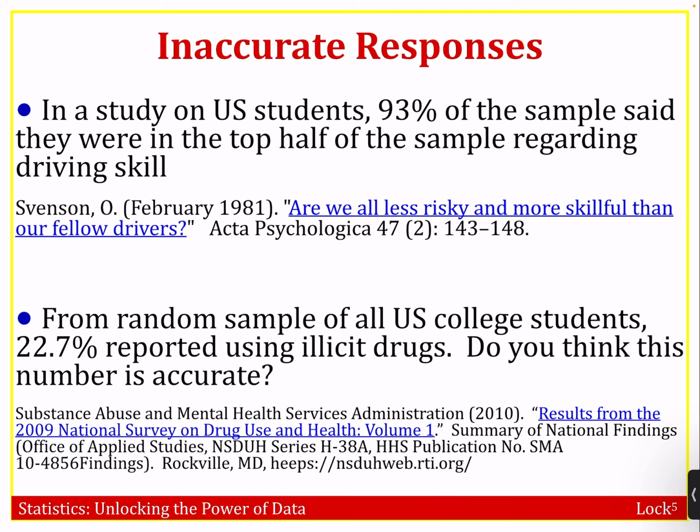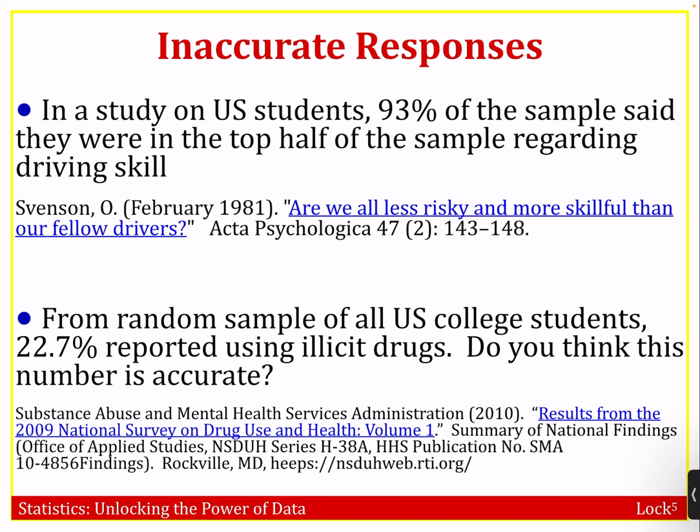Another example, from a random sample of all U.S. college students, 22.7% reported using illicit drugs. What do we think? Is that accurate? Maybe. But people sometimes have a hard time admitting to doing something that they think others won't respond well to.